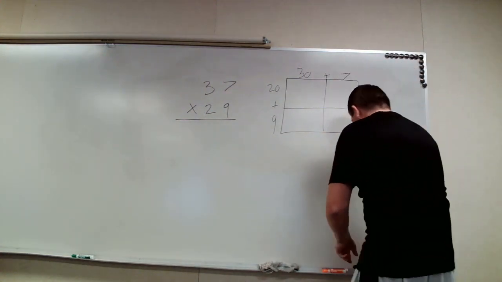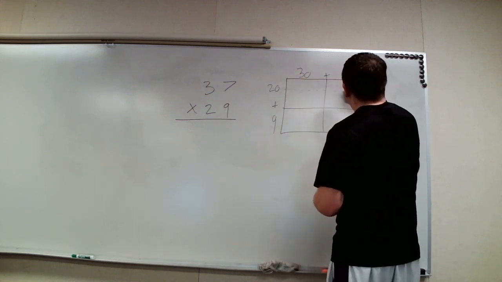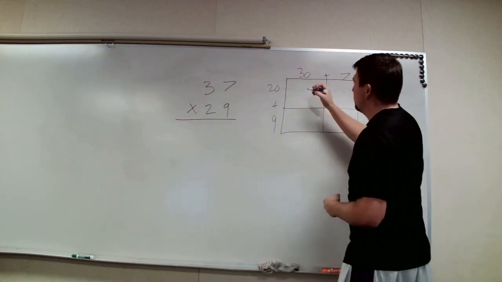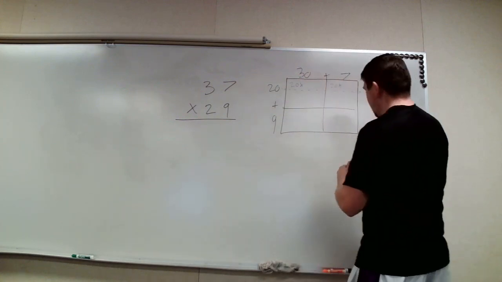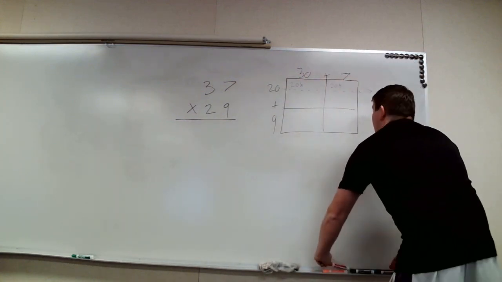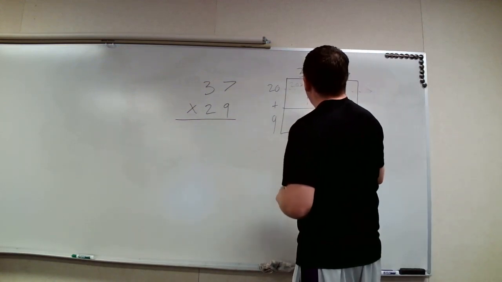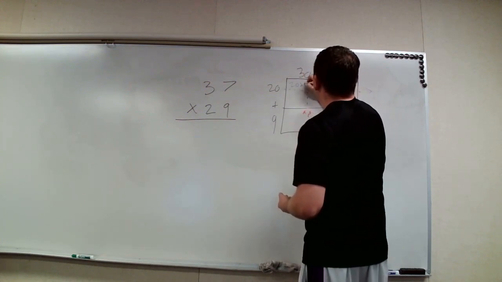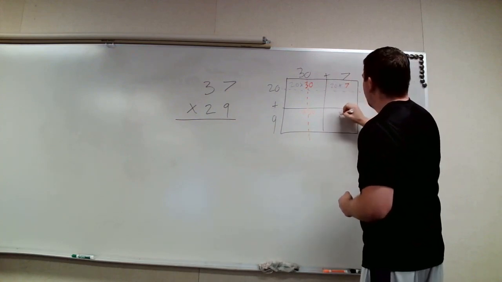The way I like to teach this is this one touches all those lines. So it'll always be 20 times 20 times. This one always touches. So it'll always be times 30 times 30. This one always touches, so it'll be times 7 times 7.